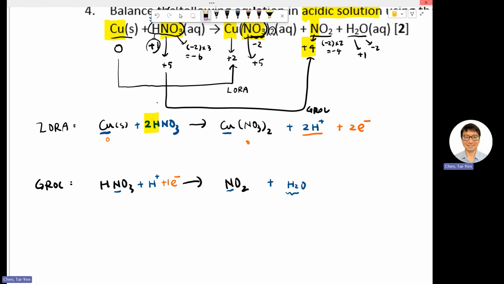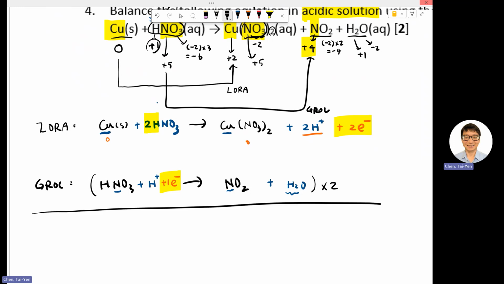After that, we check whether the electrons given out from your oxidation are the same as the electrons taken up by your reduction. Apparently they are not the same, so we need to multiply your reduction by 2 so that we can add everything together.